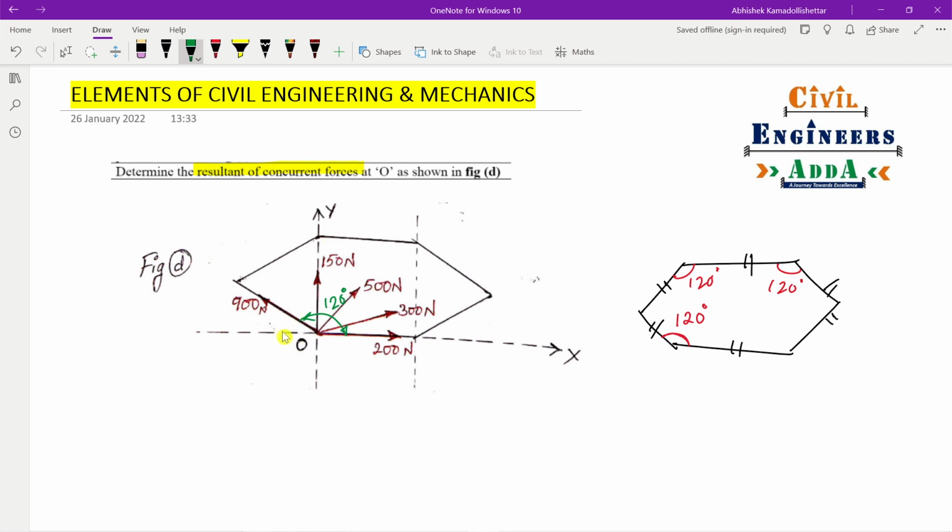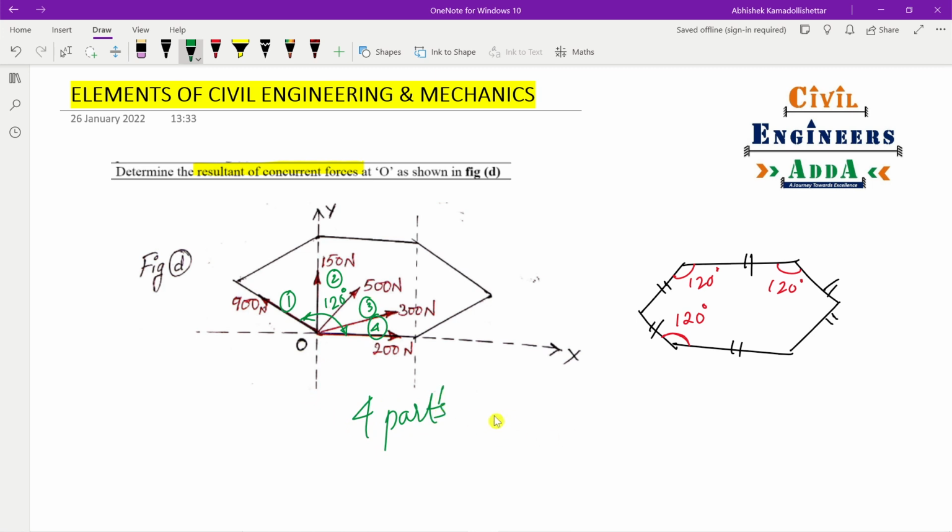But I want the individual angles here. So one part, two, three, and four parts. Totally four parts.